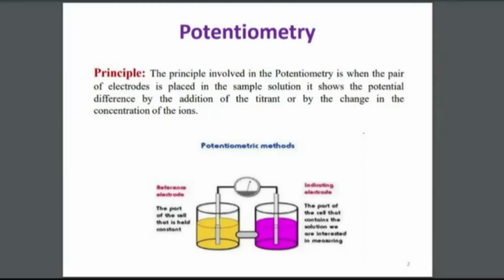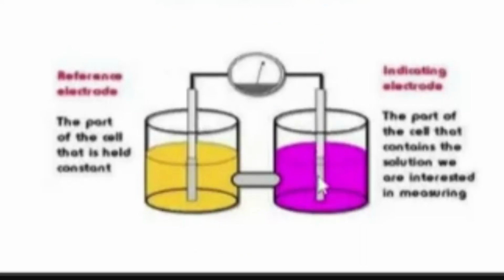Okay. The principle involved in potentiometry is when a pair of electrodes are placed in a sample solution, it shows potential difference by addition of the titrant or by change in the concentration of the ion. So in simple terms, suppose there is one solution in which there are ions present. You measure its potential.